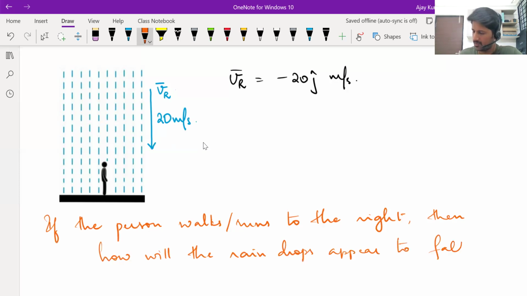Means, will they still appear to fall vertically downward, or relatively will they appear to be moving in a different way? That's the question.